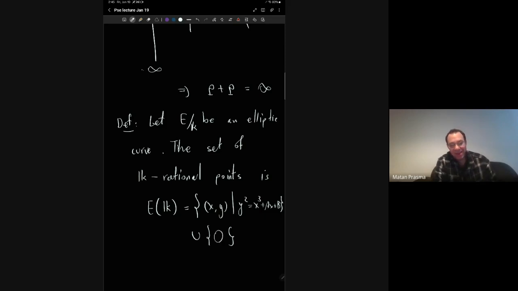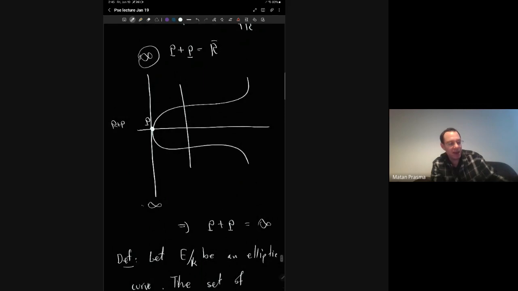This may be counterintuitive, but the point at infinity is going to be our zero element. If you think of it, according to the construction I described, when you want to add, let's say, P to the point at infinity, you take the line that passes through P and infinity.